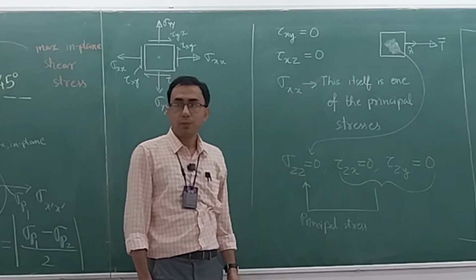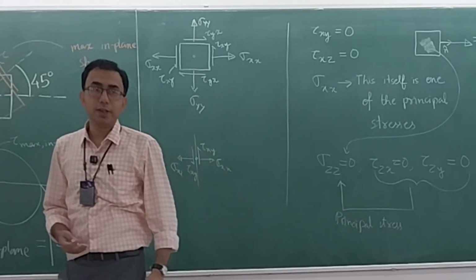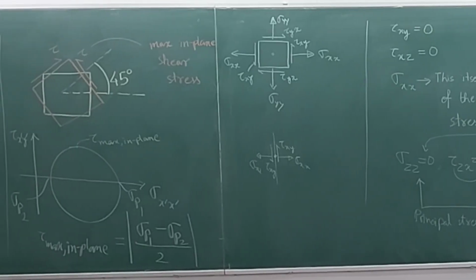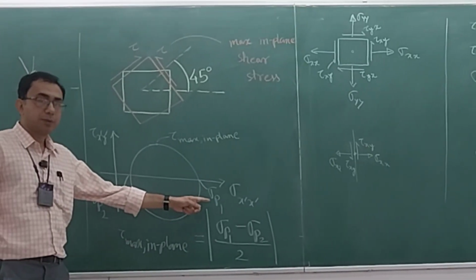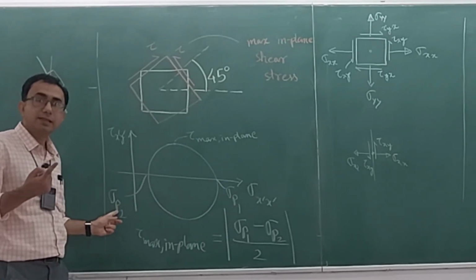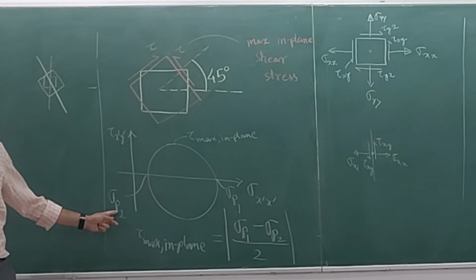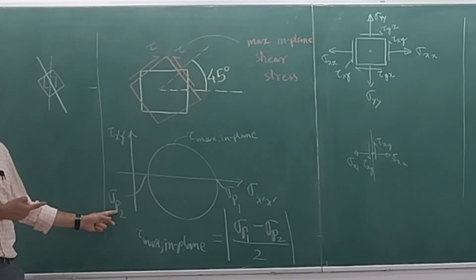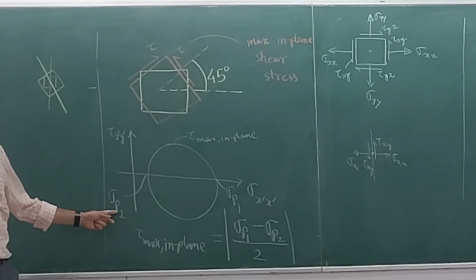So what I'm trying to tell you here is this. You have one pair of principal stresses here, sigma p1 and sigma p2. But there is a hidden principal stress which we are not depicting in this diagram, which is the sigma p3 equal to 0.